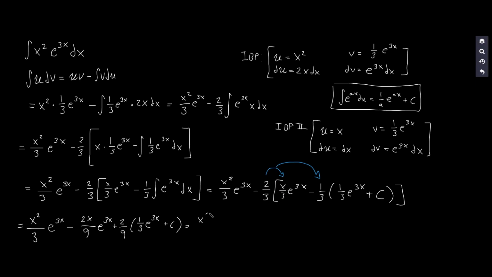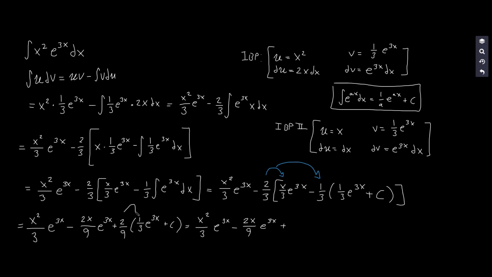This is going to be x raised to the second over 3 times e raised to the power of 3 times x, minus 2 times x over 9 times e raised to the power of 3x, plus what?